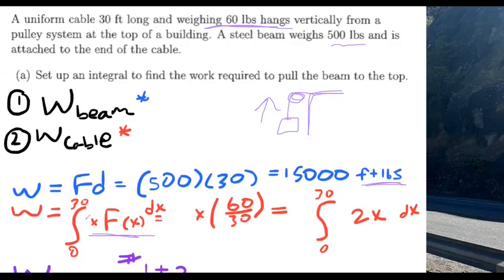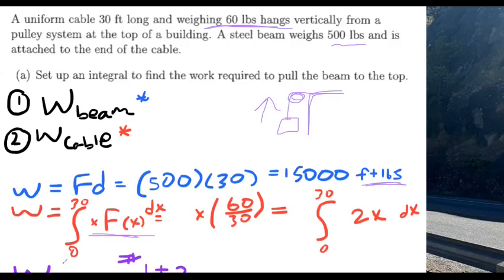It's basically x times the function, and the function in this case is just going to be how many pounds per foot. So 60 pounds per 30 feet, that really is 2 pounds per foot. That's why it ends up being 2x. We would take the antiderivative of that and then plug in 30 and then plug in 0. And you add those two together, the blue and the red, to get your answer.